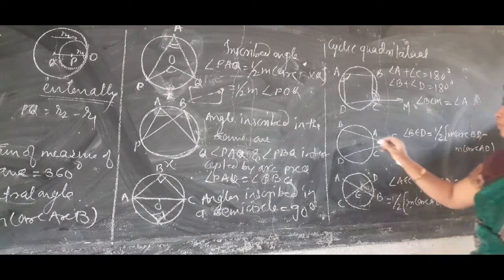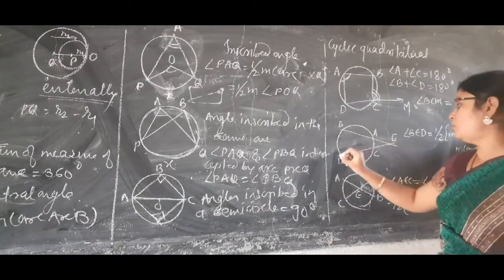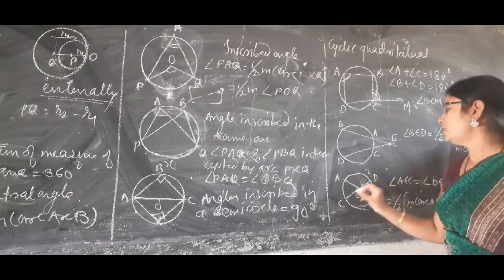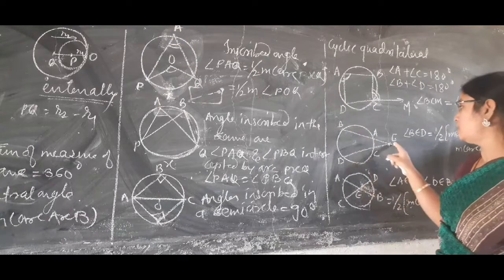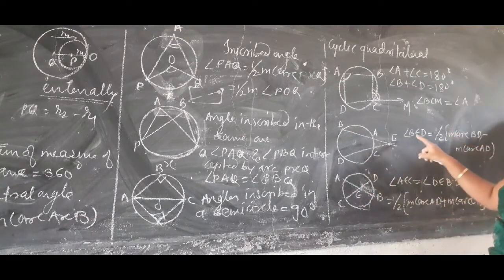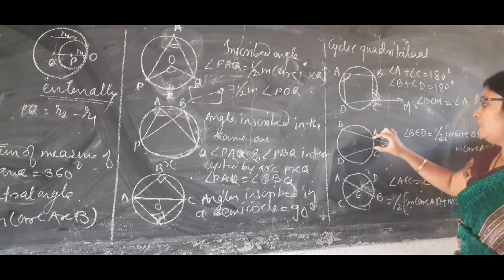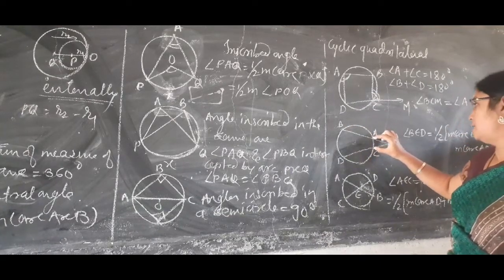Now next is the intersecting chords. These chords intersect externally, these chords intersect internally. If chords intersect externally, then angle BED is equal to half of the measure of arc BD minus half of the measure of arc AC.